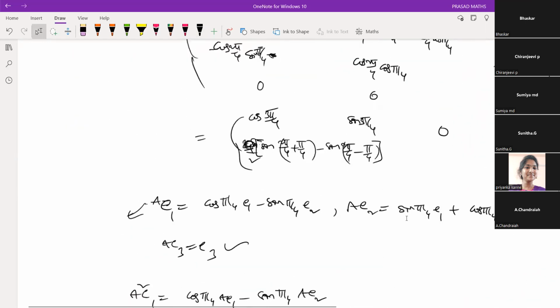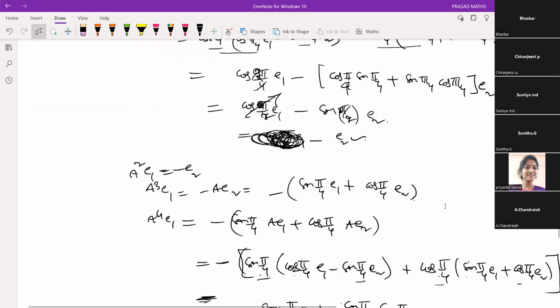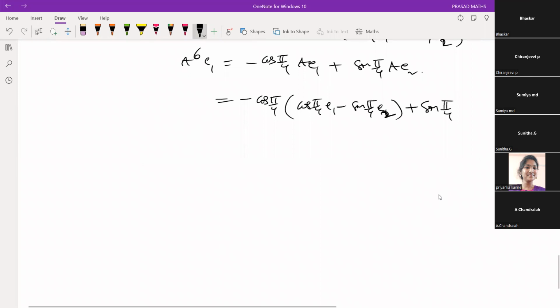What is A squared? Sin pi by 4 e^iθ plus cos pi by 4 e^2, sin pi by 4 e^iθ plus cos pi by 4 e^2.